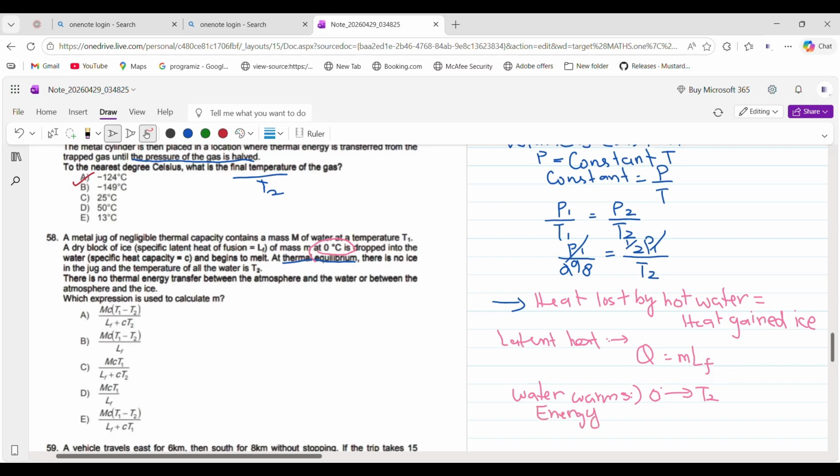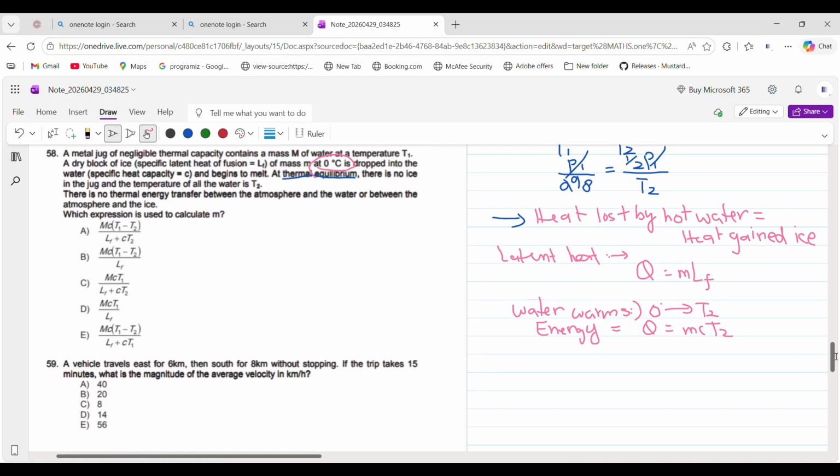It is not changing the state, but it is just warming the water. Not changing the state but still requiring heat to warm itself is the specific heat capacity, m c T2.